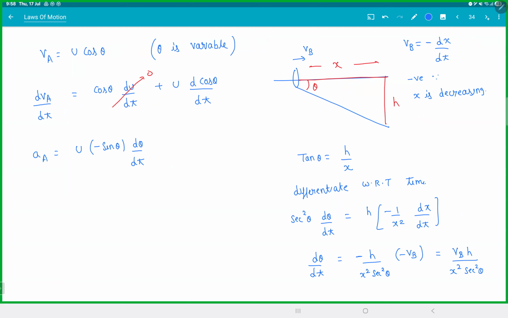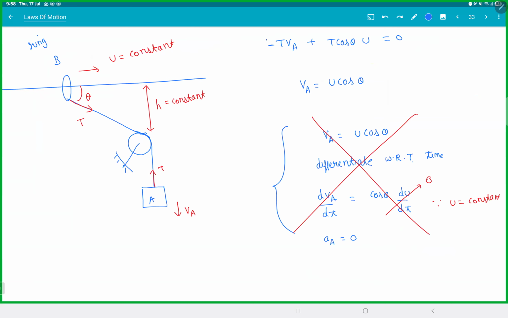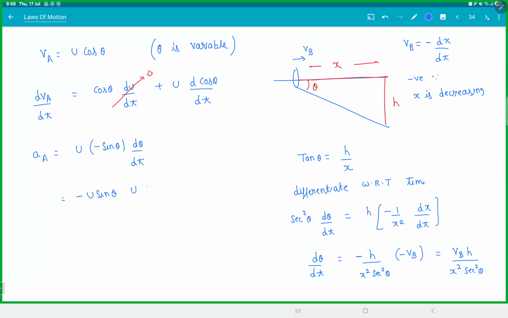So take this and substitute here. This will be minus u sin theta. What is the value of vb? Vb is u, that is given. H is h only. What is x? X is h by tan theta. So h square by tan square theta, and this is secant square theta.